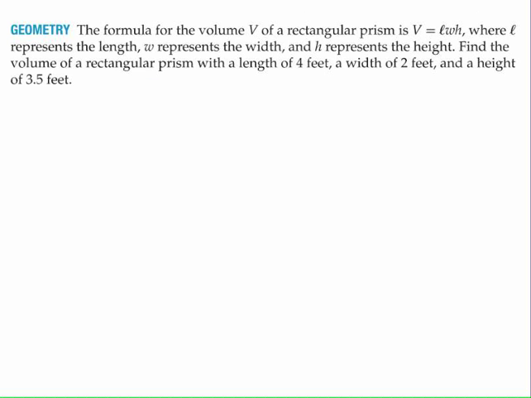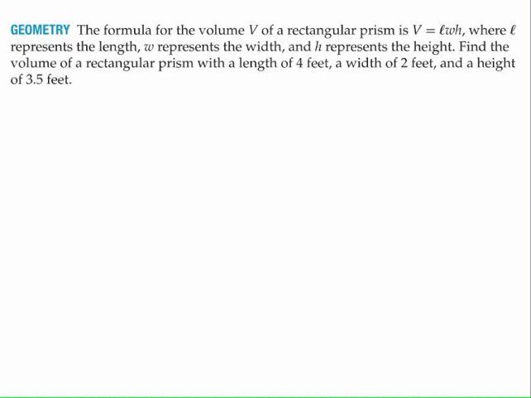Okay, we have one last problem that we're going to go ahead and calculate real quick, and then you'll take your quiz. It says the formula for the volume of a rectangular prism. A rectangular prism is nothing more than a box. Okay, when I think about when they say rectangular prism, I think a box of Kleenex. That's all it is. A prism is a three-dimensional figure.